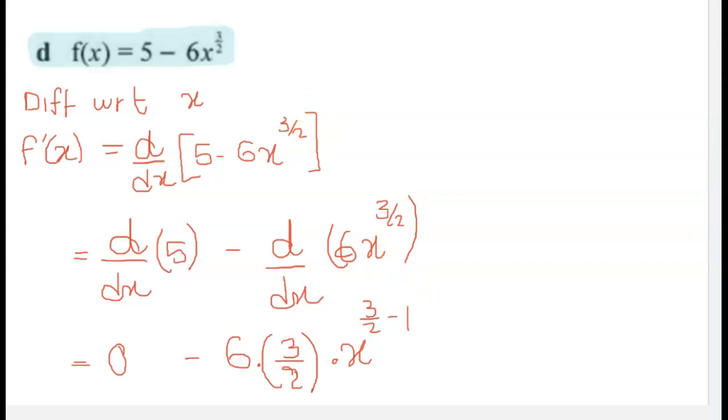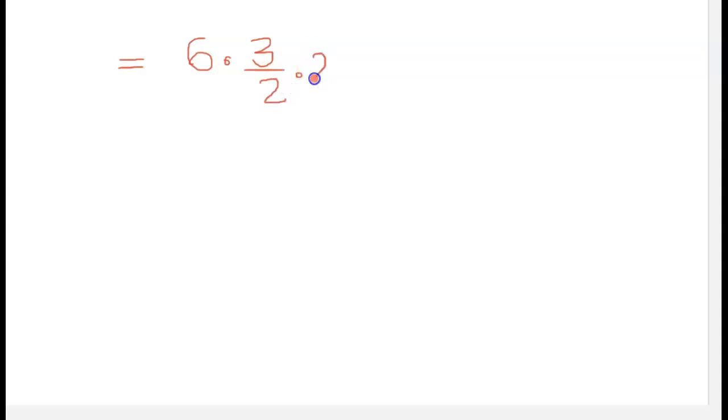Now if I do it on the next page, you will get 0 is gone, 6 is already there, 3 over 2, and then it was x to the power 3 over 2 minus 1, and on this side it was f dash x.